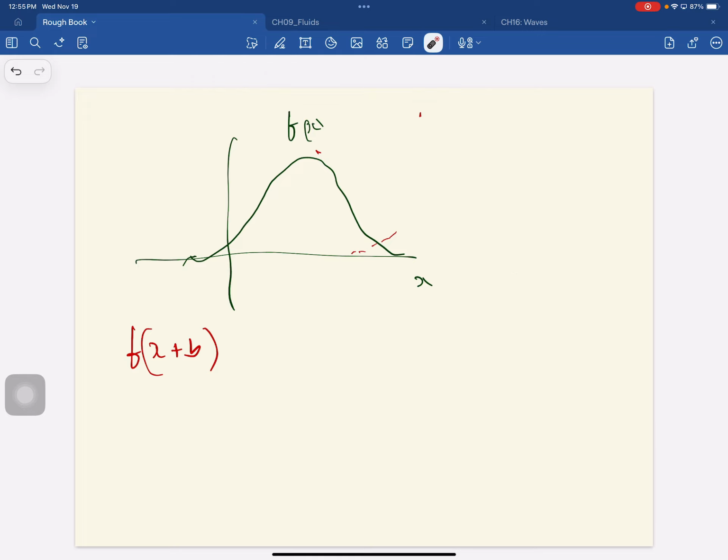What I want to do is have it move at a velocity v. Now I want this wave to travel to the right at velocity v. How do I do that?